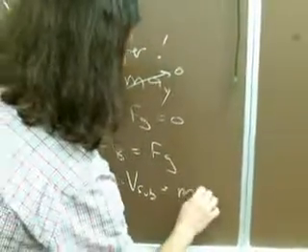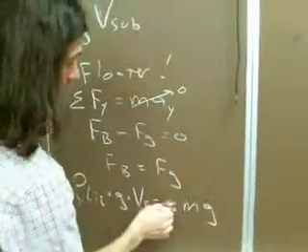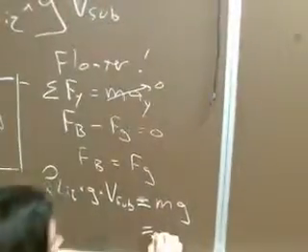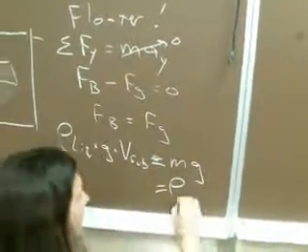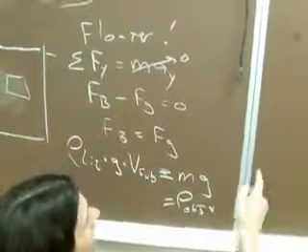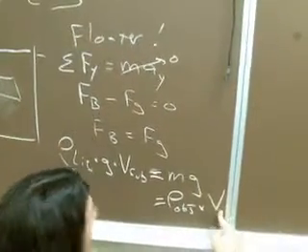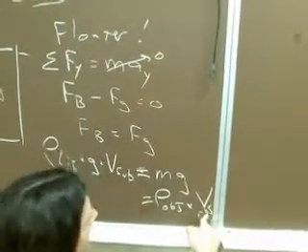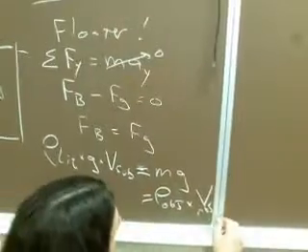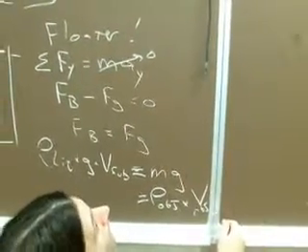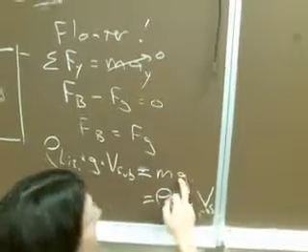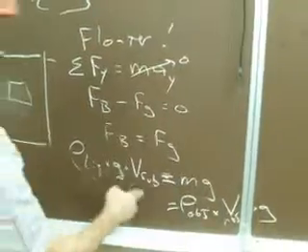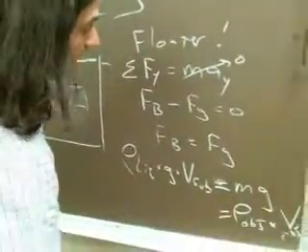You could call it mg, or if there's something else in a different part of the question, you could call it rho of the object. Just don't get it confused with the density of the liquid. Times the volume. And again, this would be the volume of the whole entire object, not the volume that's just submerged. And then times the g. Then the g's will die. It doesn't even matter what planet you're on.